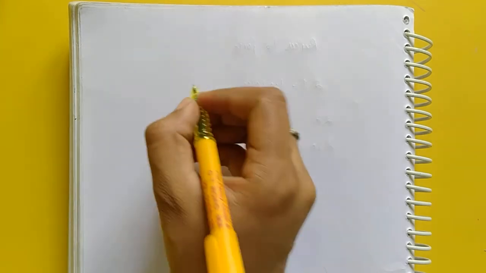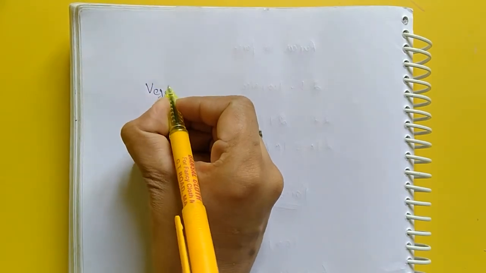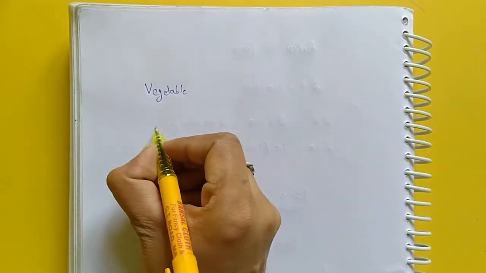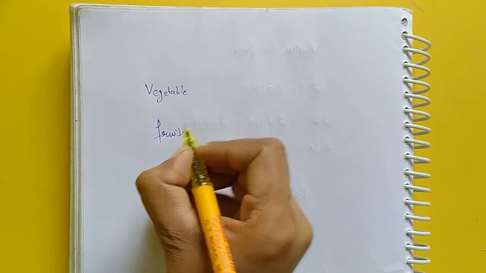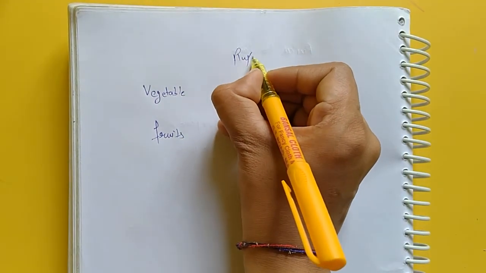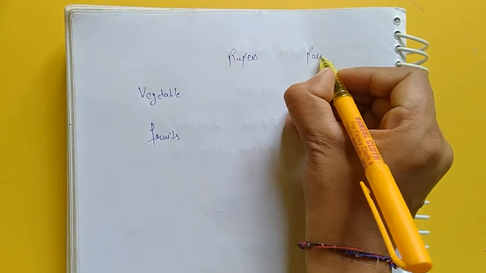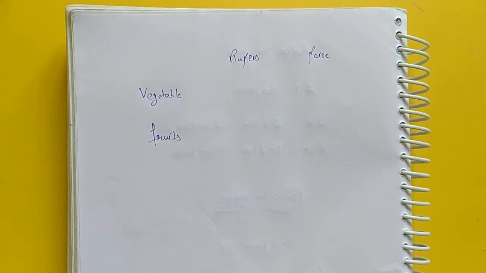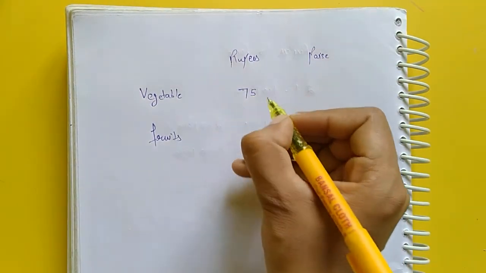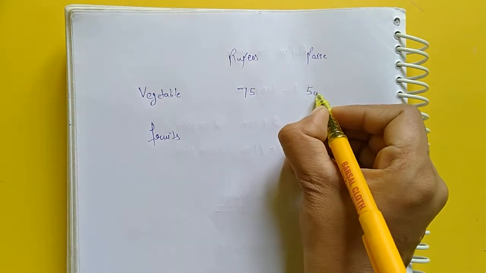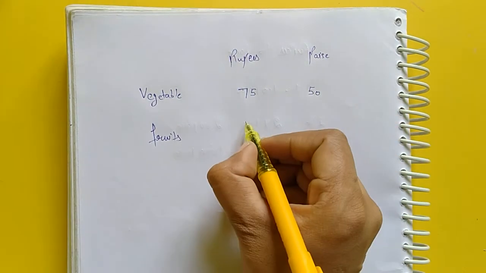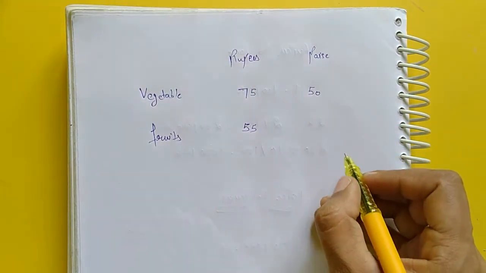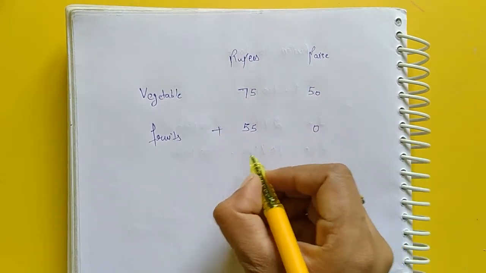Vegetables for rupees 75 and 50 paise and fruits for rupees 55 and 0 paise. Okay, now add both.